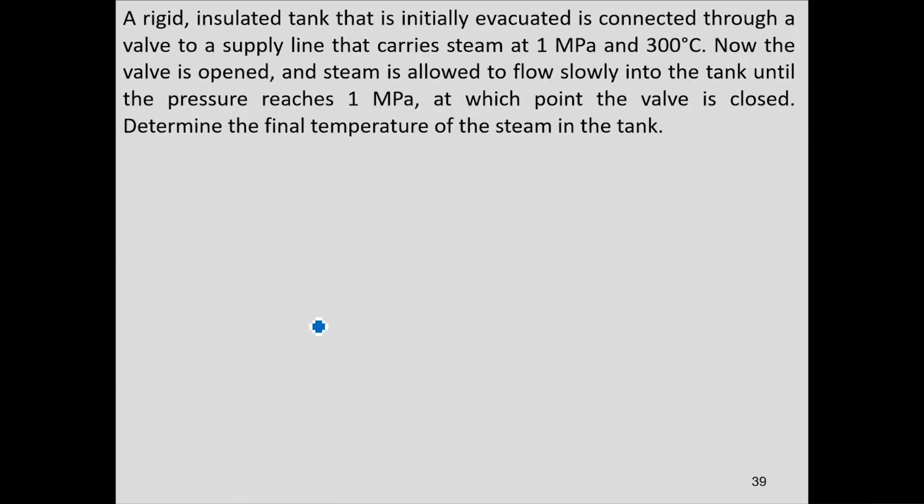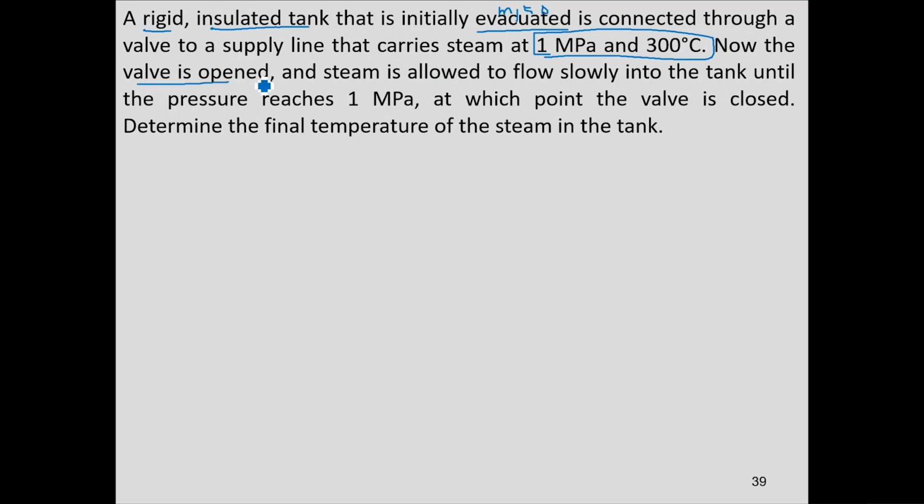So let us have a look at an example which says that a rigid insulated tank is initially evacuated. Evacuated means that the mass at state 1, M1, is essentially 0. It is connected through a valve to a supply line that carries steam at 1 megapascal and 300 degrees centigrade.